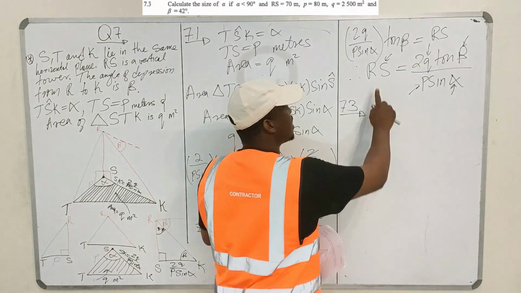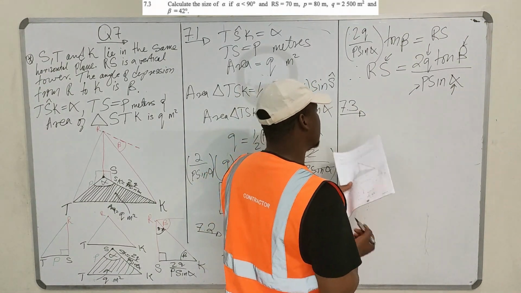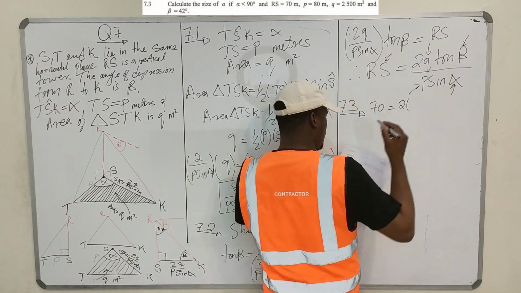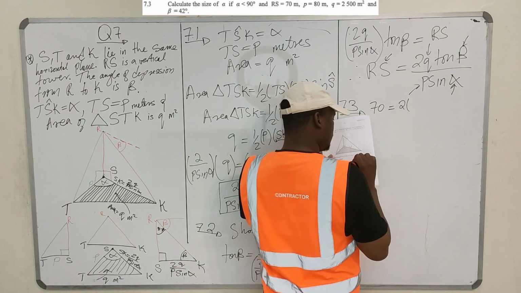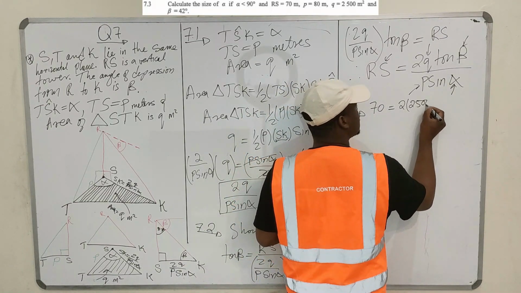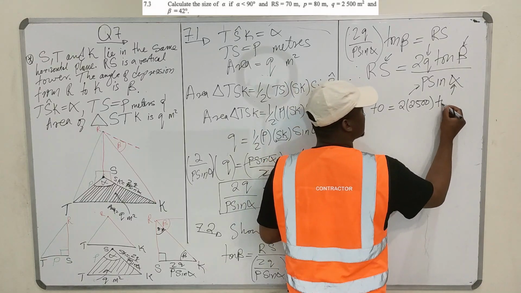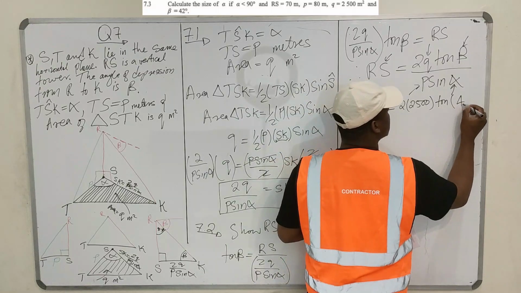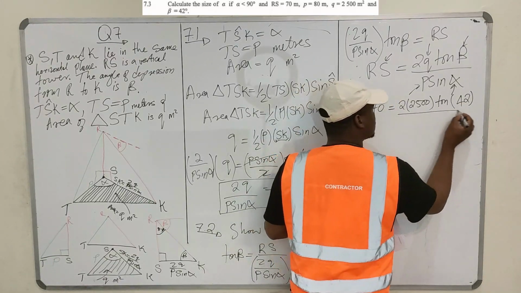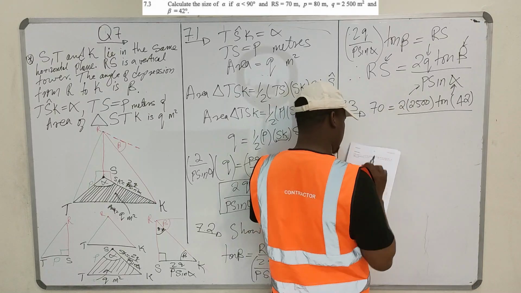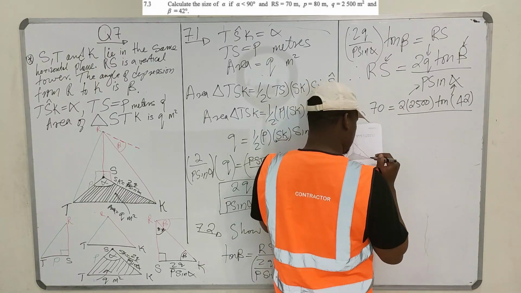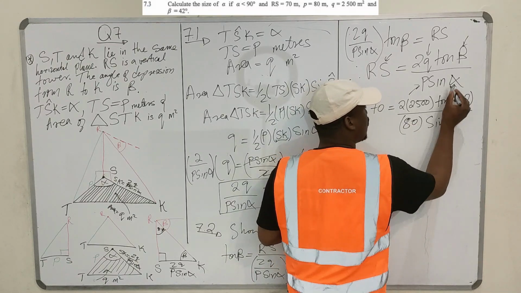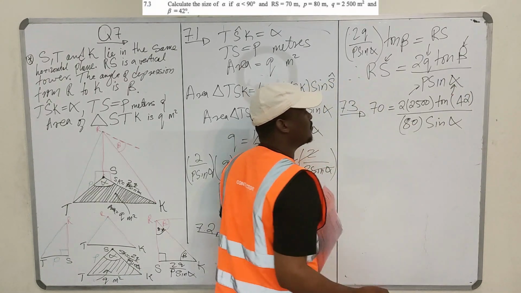So what you need to say: you know what your RS is. You are given RS is equal to 70. It's equal to 2 times Q. What is Q? Q is the area, which is 2,500 square meters, times the tangent of beta. Your beta is equal to 42 degrees. All divided by P. You're given that P is equal to 80 meters times the sine of alpha, which is what I'm looking for.